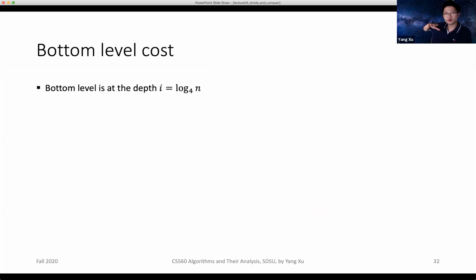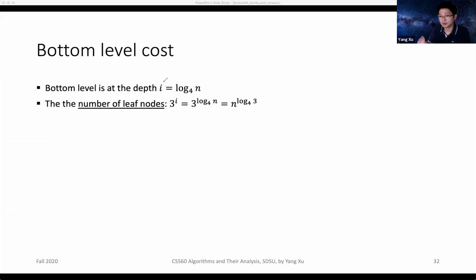The bottom level is at depth i, which equals logarithm base 4 of n. The number of leaf nodes in the bottom level is 3 to the power of i, and we let i be this value.